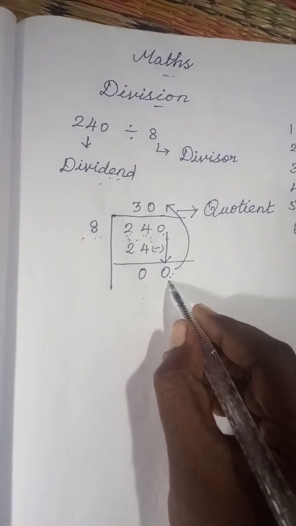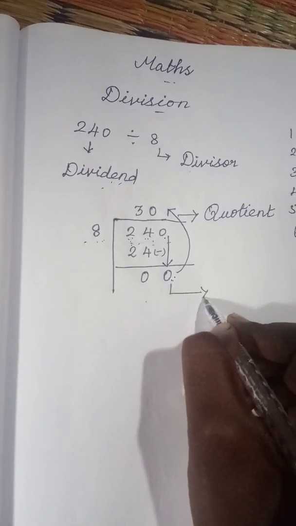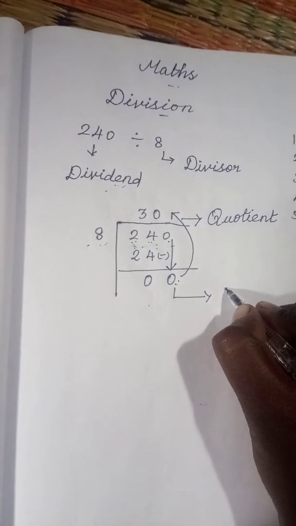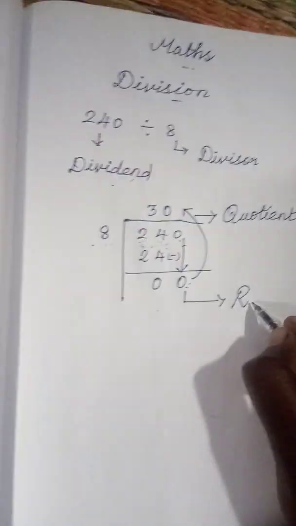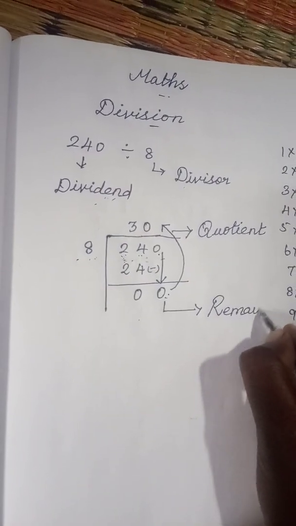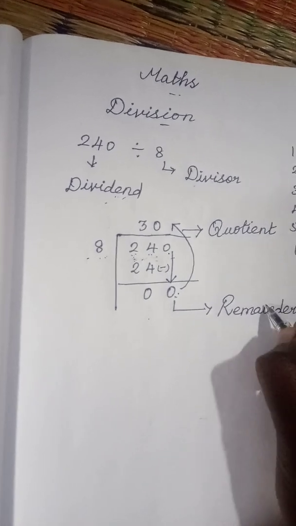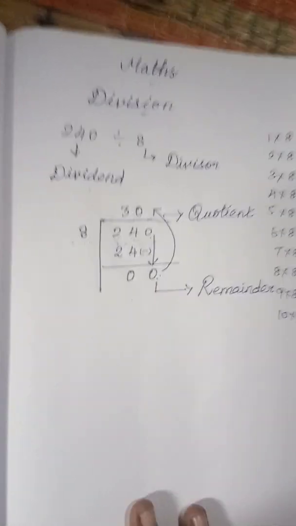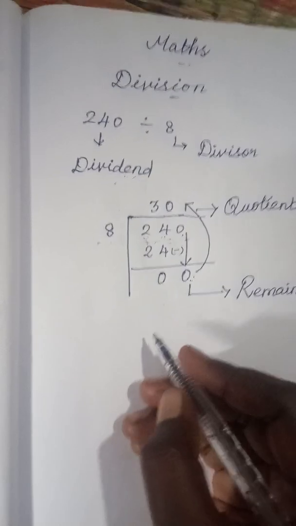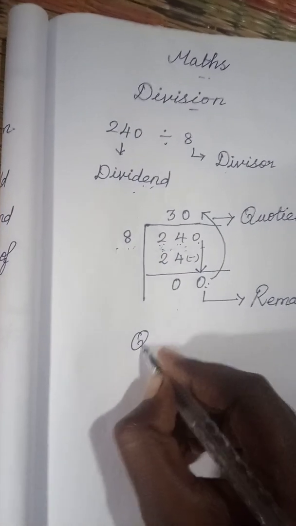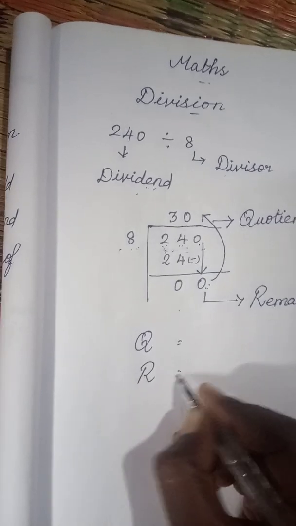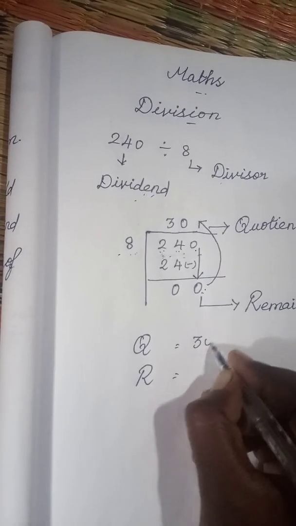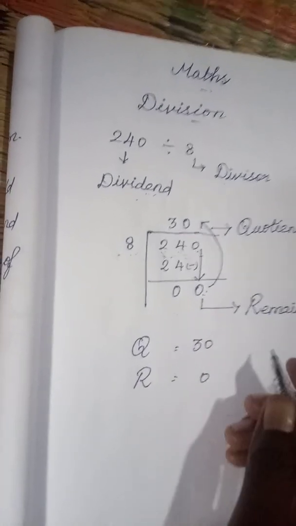What is here is the remainder. R-E-M-A-I-N-D-E-R. Now I am going to write the answer. I'll write the quotient as Q and the remainder as R. So the quotient is 30 and the remainder is 0.